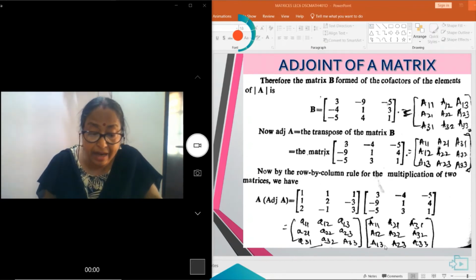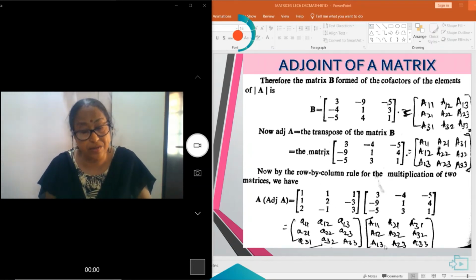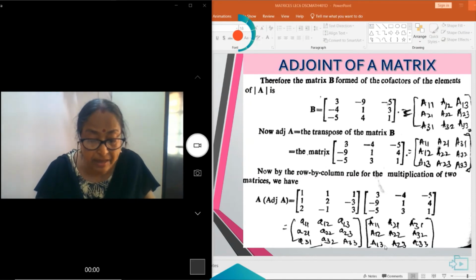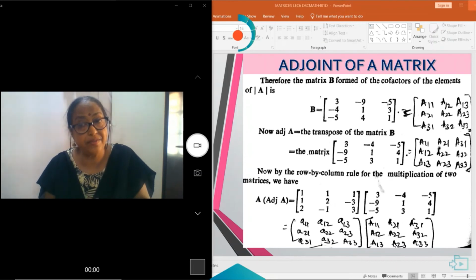Similarly, the last value of the matrix when multiplied also gives the determinant A, which you can see from the example given.